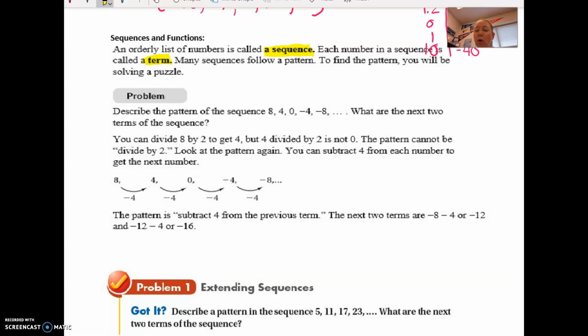Maybe subtracting 4 from each value to get the next number. If we look here, that's exactly what's happening. In some cases, it's a little bit of trial and error, thinking, what could this pattern be? Are we adding, subtracting, multiplying, dividing? In this case, the pattern is subtracting 4 from the previous term. So the next two terms are going to be -12 and -16, just continuing that pattern once we have it figured out.